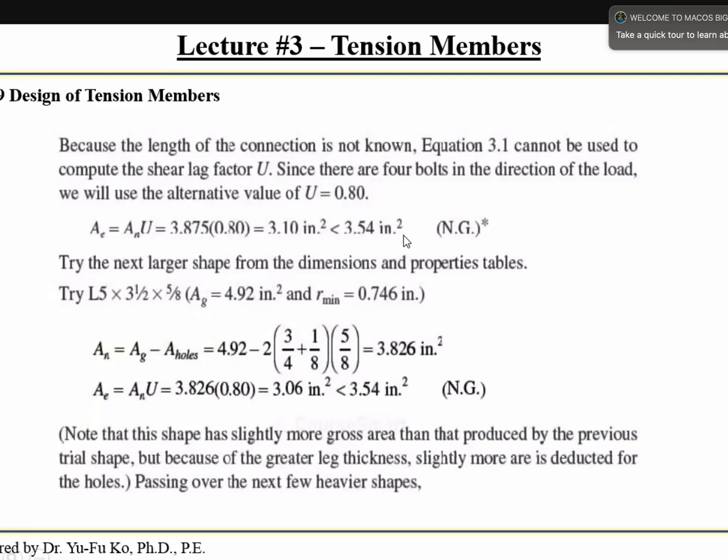Because the length of the connection is not given yet, equation 3.1 cannot be used to compute the shear lag effect, U. So here we're going to use the alternative value because you have 4 bolts per row, so you can use U equal to 0.8 instead. So with that calculation, you get less than the required 3.54. So this is no good. You need to keep trying other sections.